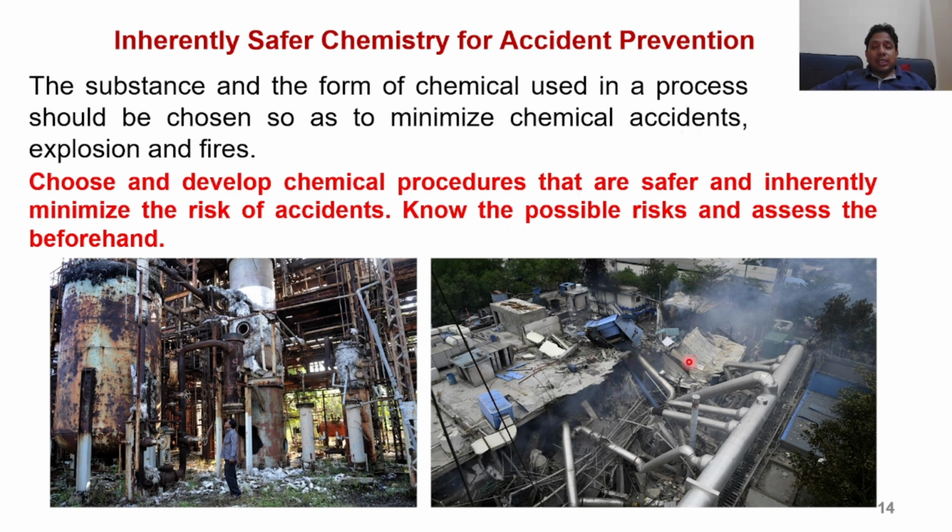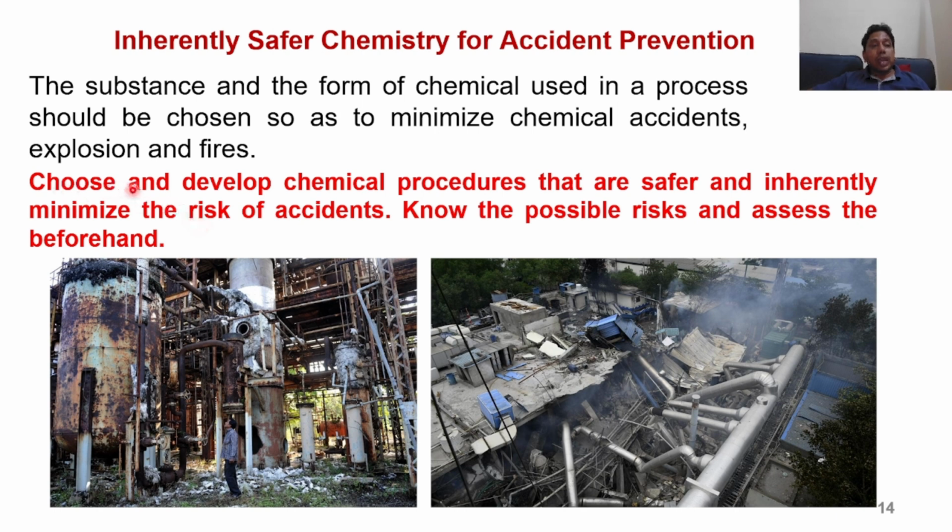You can see these are some pictures taken from the web, pharmaceutical industry accident pictures. That is the reason a chemical process must be monitored or always developed in such a way to prevent the accidents. Not only the process, but also we should think about the chemicals which are used in this process.